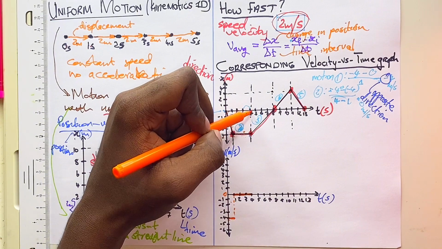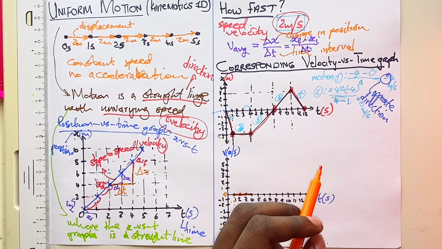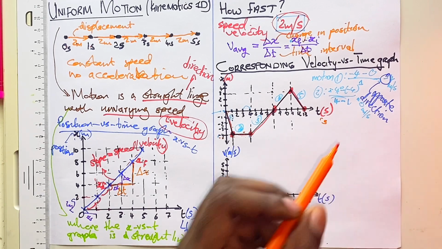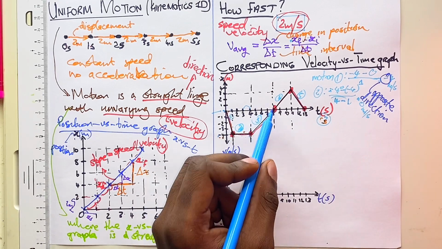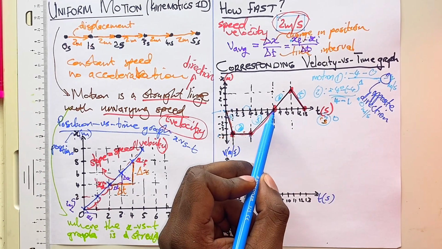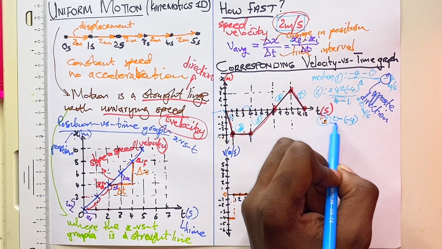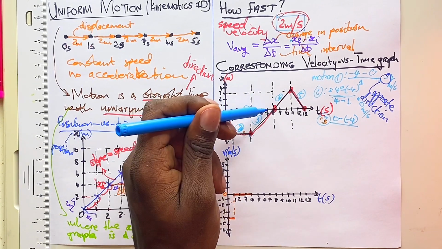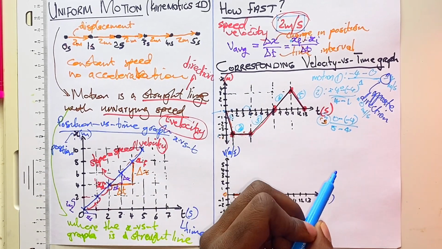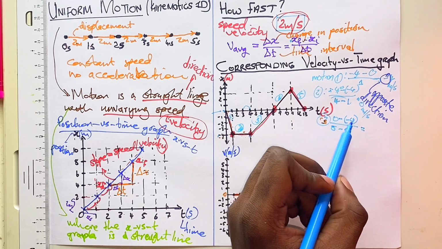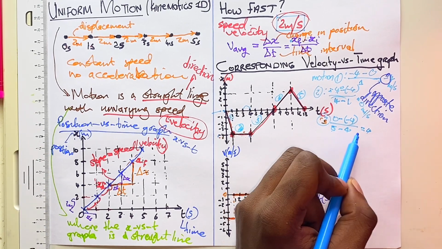Now from t4, let's see what is the slope of motion 3. We take the final position of motion 3, which will be 0, subtract the initial position, which is minus 4, over the time interval. Our final time is 8, our initial time is 4 seconds. So we will have positive 4 over 8 minus 4, which is 4.